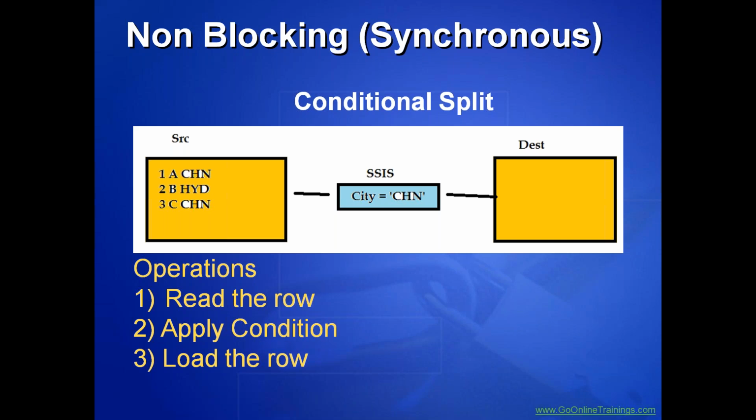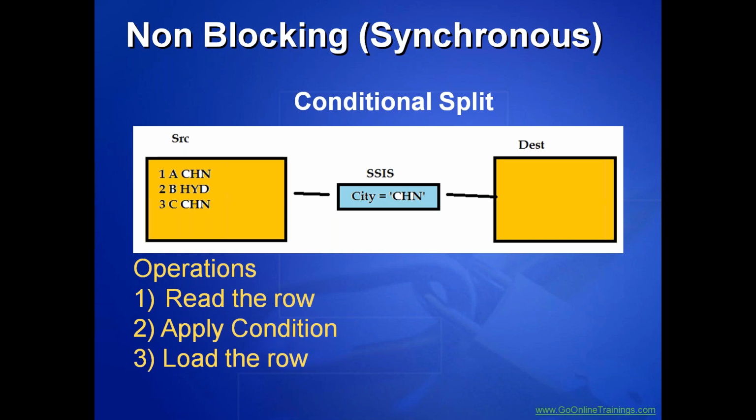Read the data, do something, load it. Read second row, do something, load it. Read third row, do something and load it. So this is what is called row transformations. You can also call them non-blocking transformations, or synchronous transformations. Synchronous means there is no delay in any operation. Read one row and apply the condition immediately. If the condition is true, then load it. If the condition is false, then leave the row.